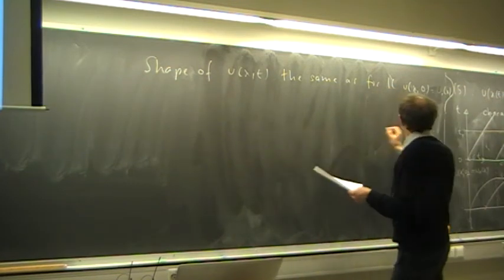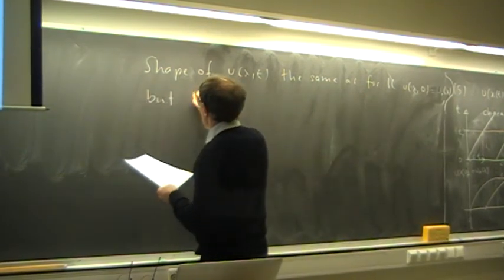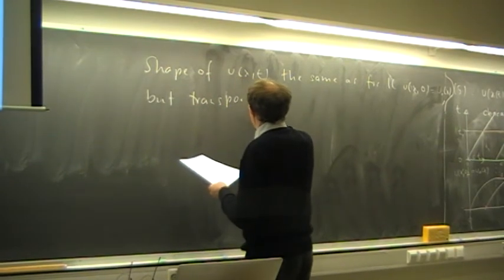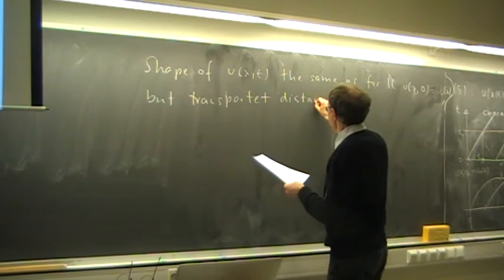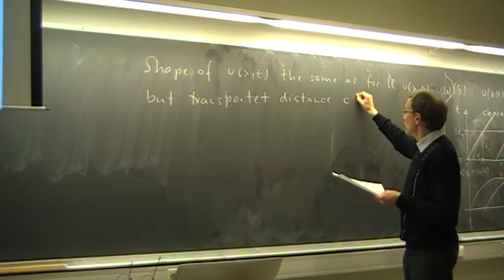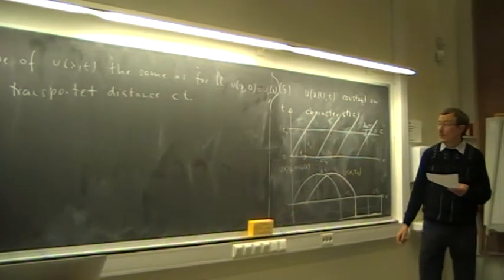But it is just transported a distance. So if we look at time t, it is transported a distance c times t. In our example, this was t1, a certain time instant.